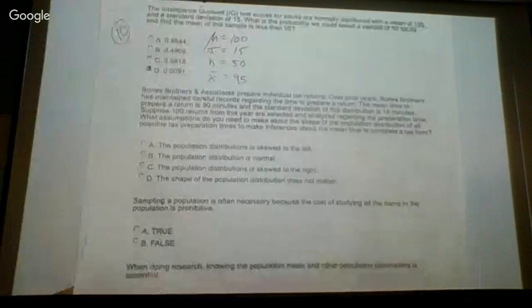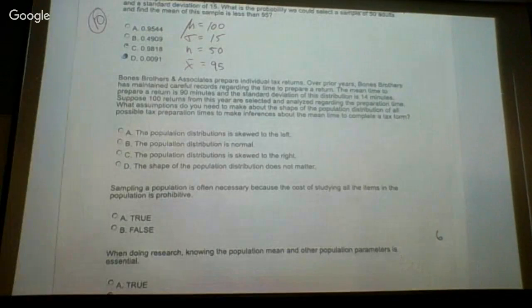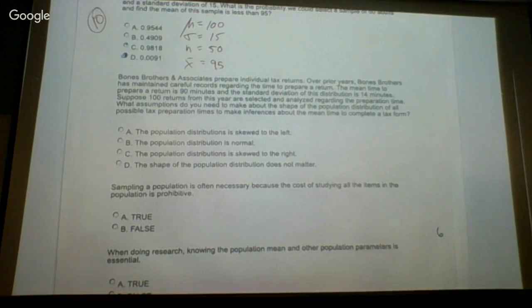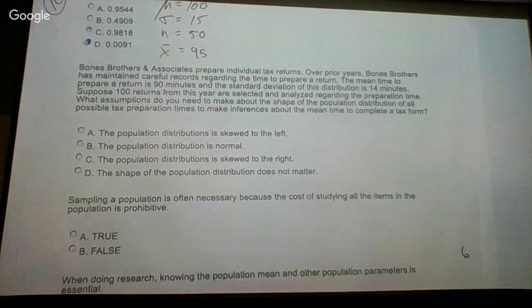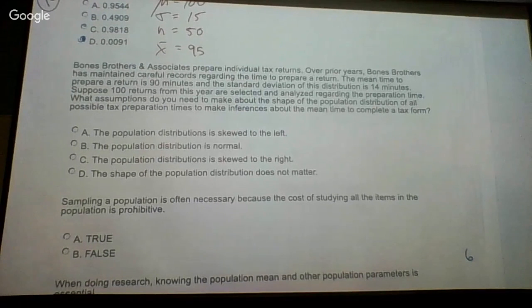Number 11. Bones Bros and Associates prepare individual tax returns. Over prior years, BB has maintained careful records regarding the time to prepare a return. The mean time to prepare a return is 90 minutes, and the standard deviation is 14 minutes.